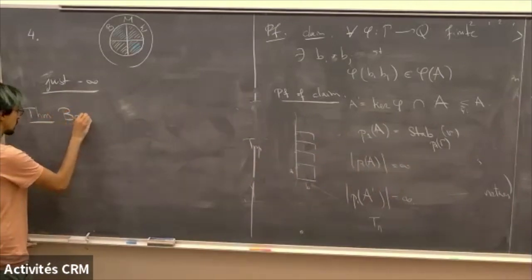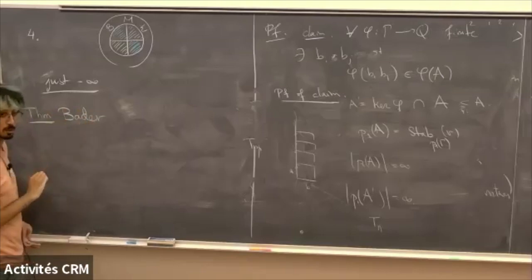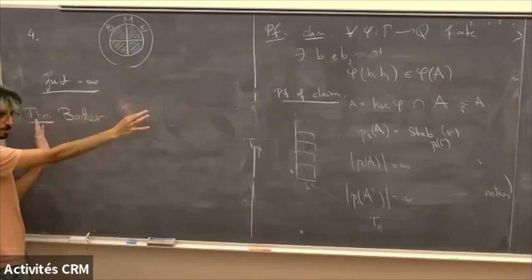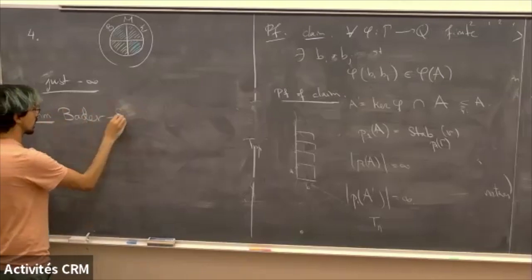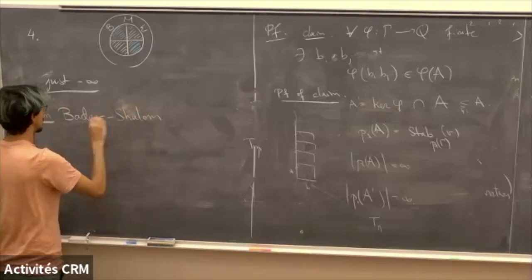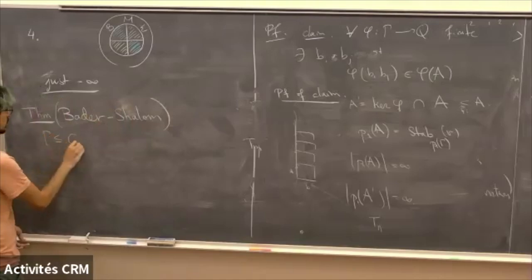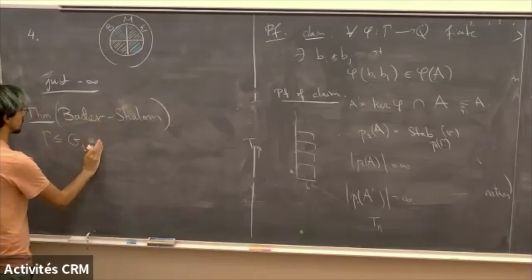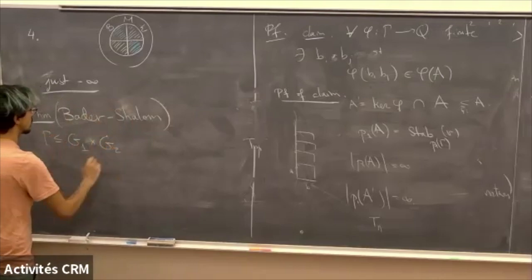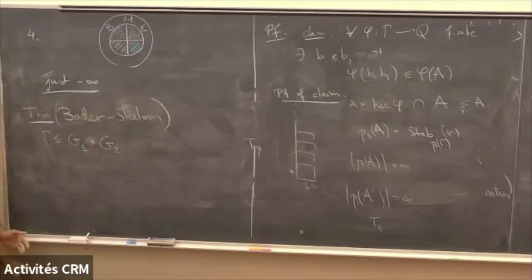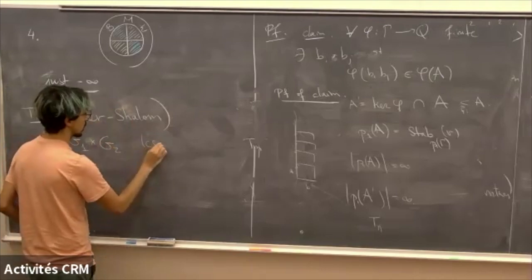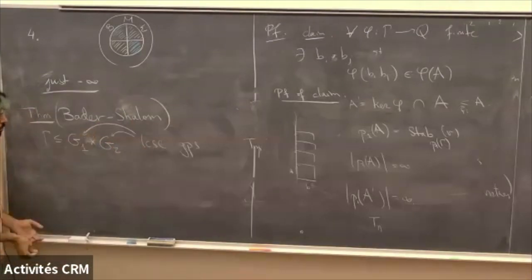Burger and Moses proved it for a product of trees, but there is the following much more general theorem that tells you that if gamma is a lattice in some two locally compact second countable groups, so for instance, some G1 times G2, like that.